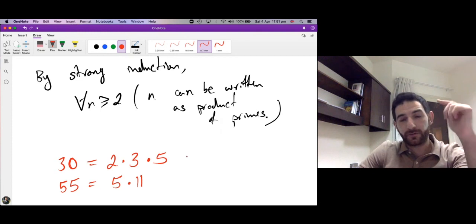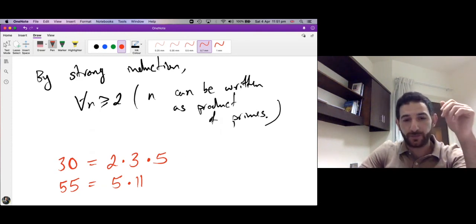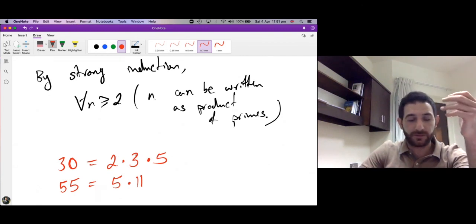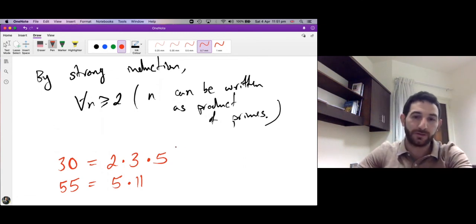And the second part of the fundamental theorem of arithmetic tells us that these numbers are unique up to arrangement, which means that you cannot find other prime numbers other than 2, 3, 5, which when you multiply them together, you get 30. So we will prove the uniqueness when we study number theory.